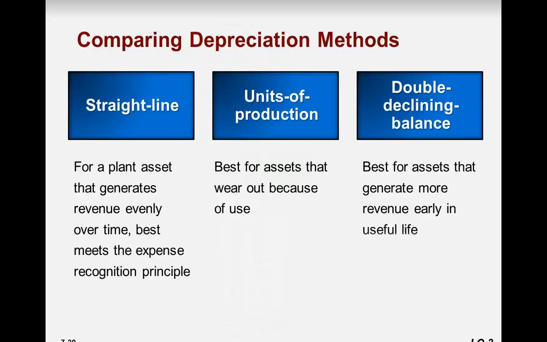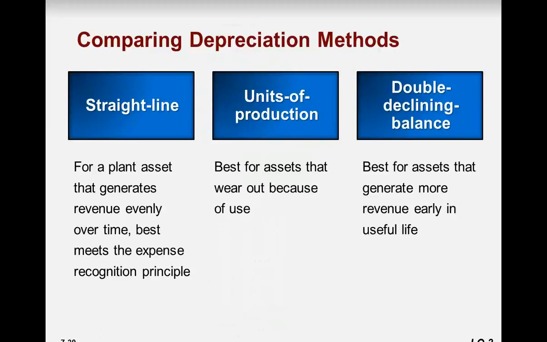So when should we use straight line? We should use the method that best fits the asset. Straight line, if revenue is generated evenly over time, then that may be the best recognition principle. Units of production would be best for assets that wear out because of use. So this is something that might be machinery more.